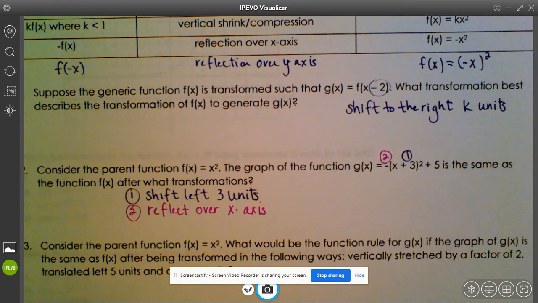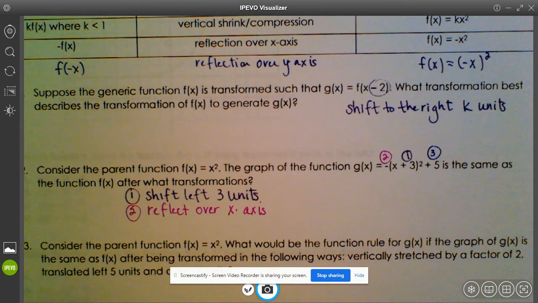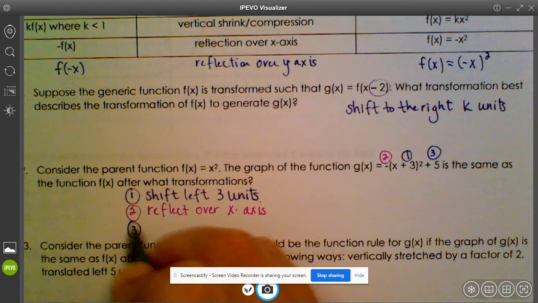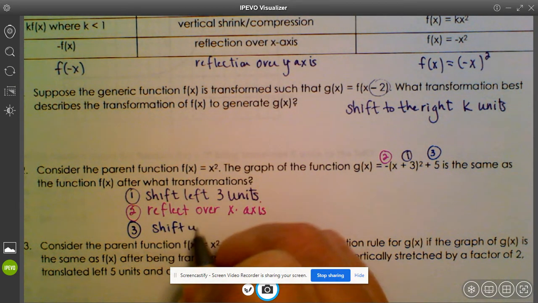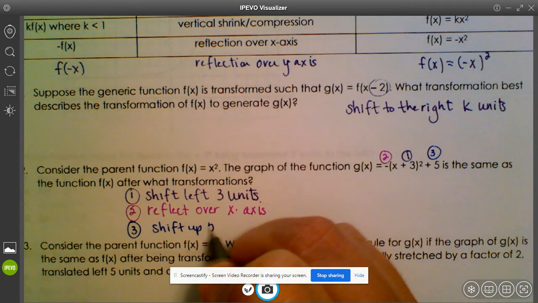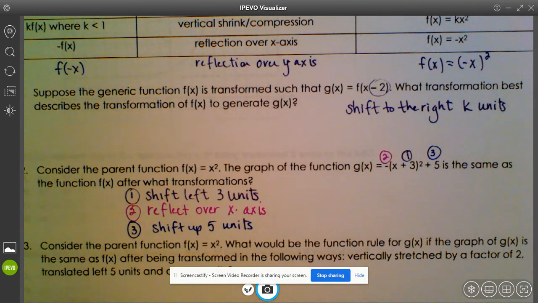And then finally, we've got this plus 5 at the end. And notice that is outside of the function, so that affects our y-coordinate. So we end up shifting up 5 units. Okay, that's how it works.